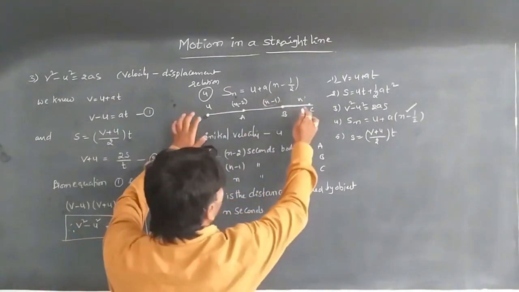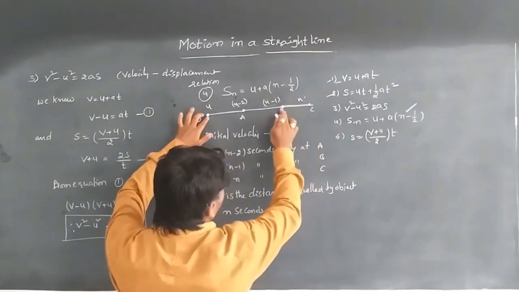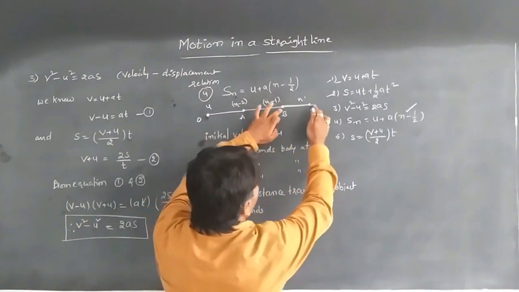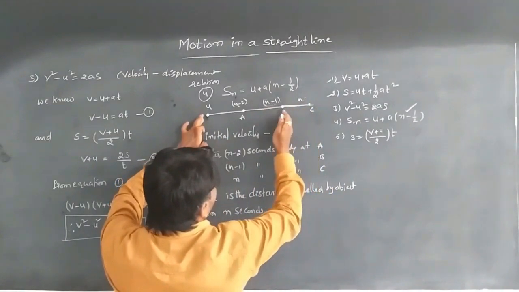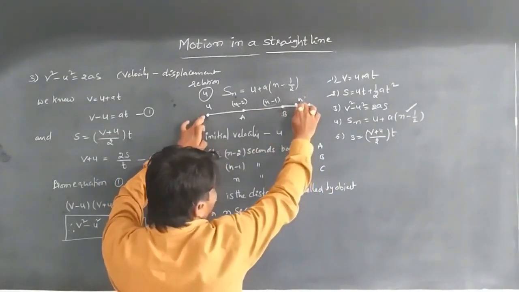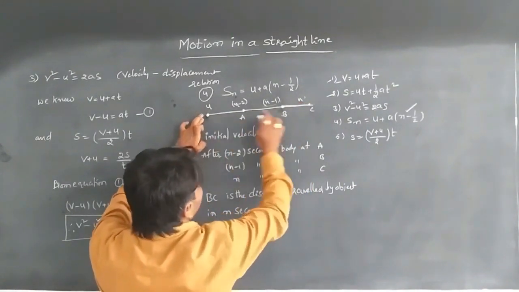If we deduct from the total distance this one distance, we can get BC. So to know the distance BC from the total distance, we deduct this one.